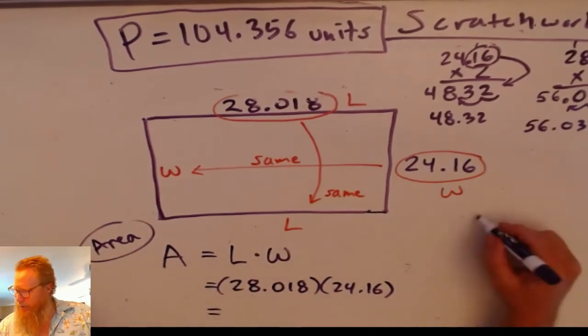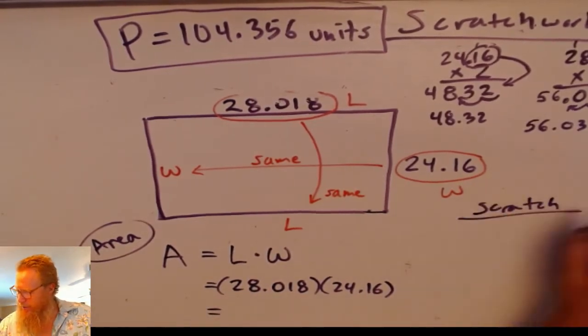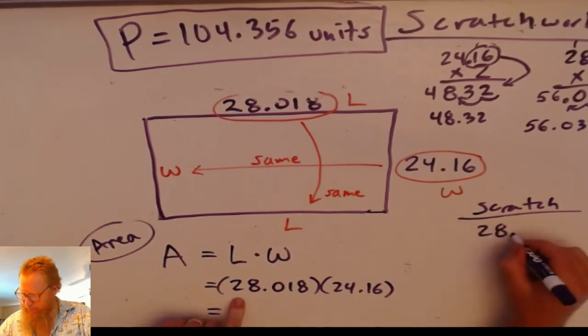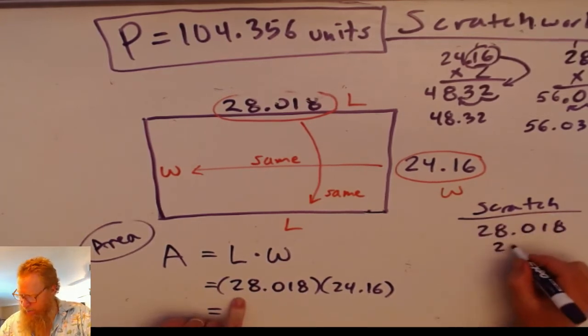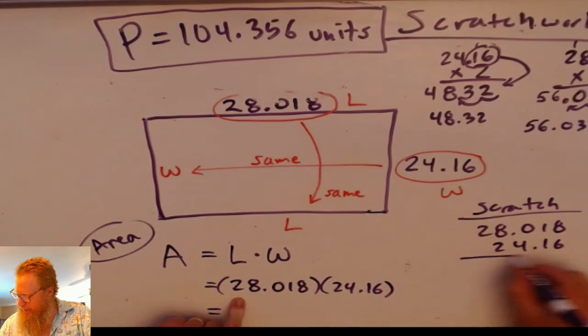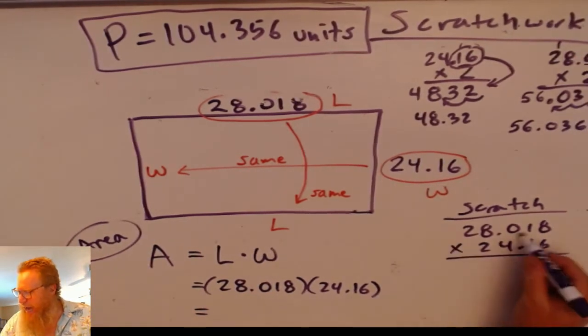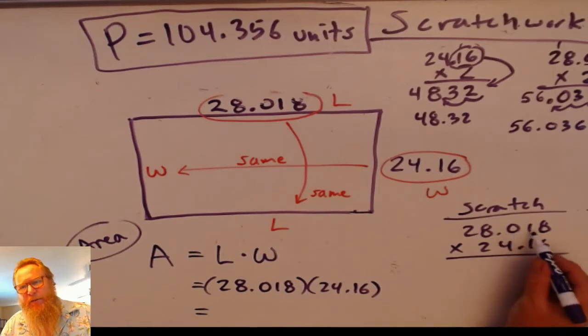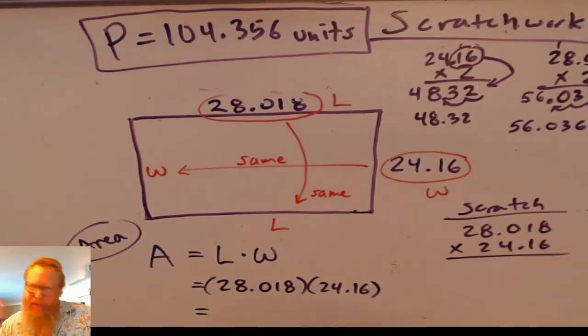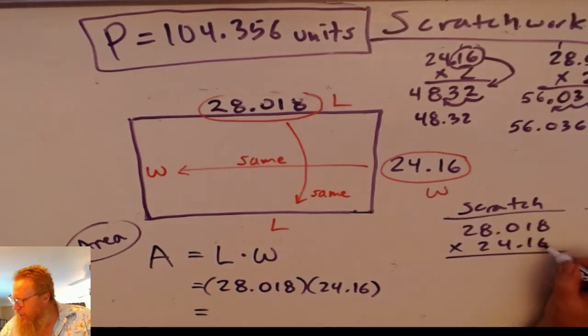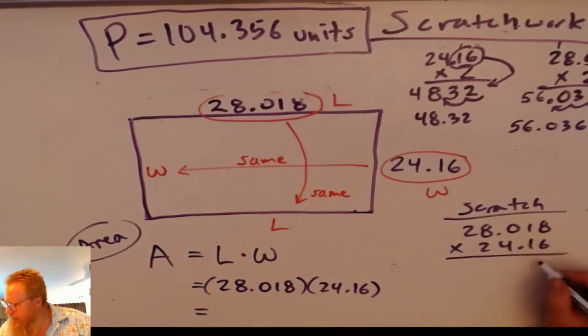Again, let's do a little scratch. 28.018, 24.16. Now I need to be careful when multiplying because there's 5 decimal places. 1, 2, 3, 4, 5. So I'll have to make sure I clean that up when I'm done. So what do we got? 6 times 8 is 48.